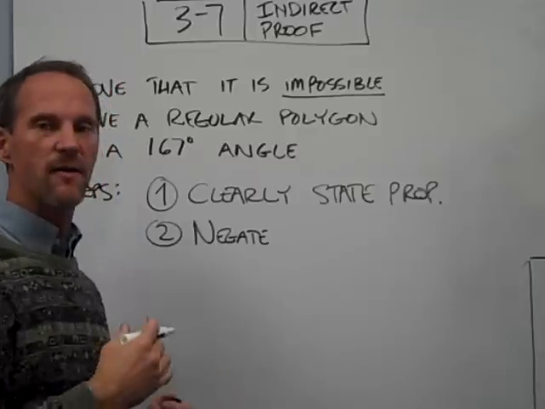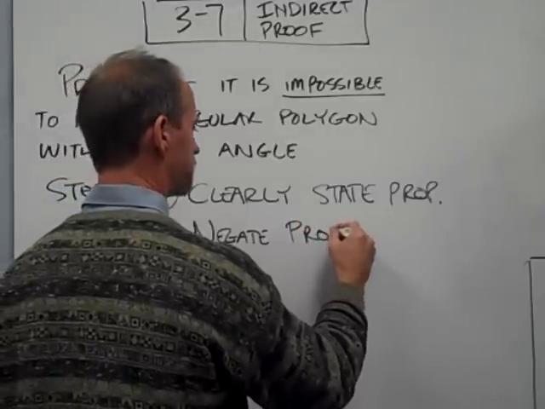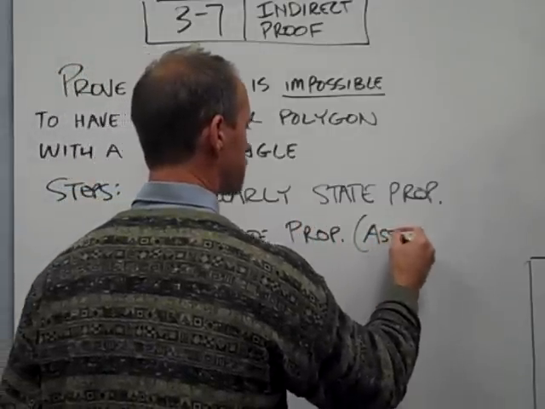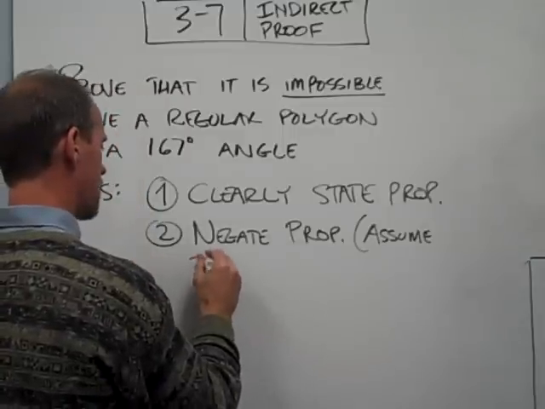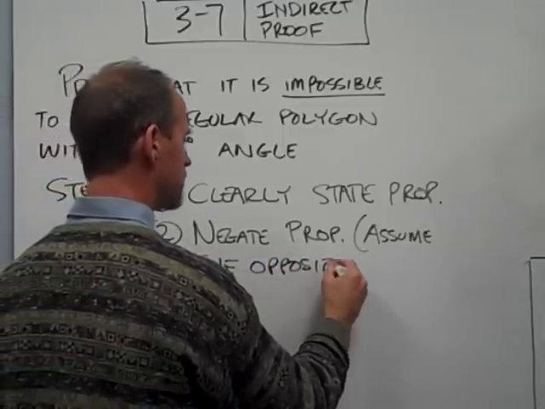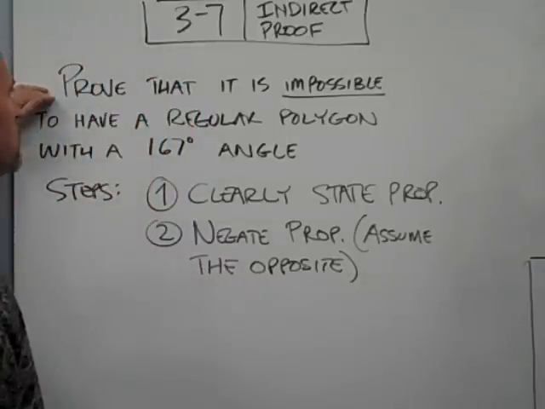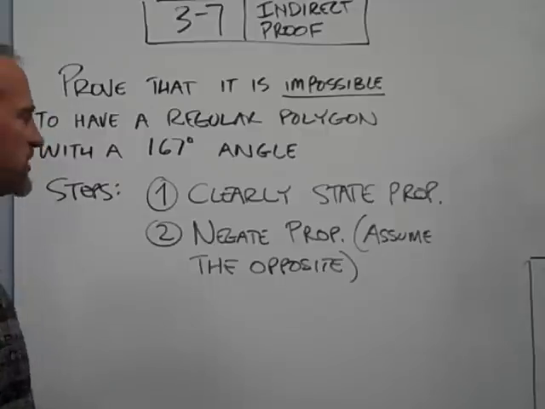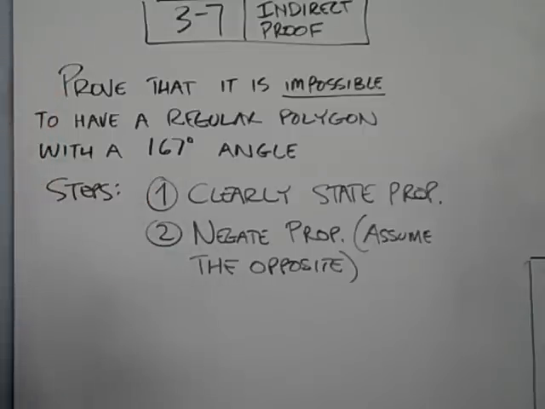That means do the exact opposite. Negate the proposition, or assume temporarily the opposite. So in this case, we're going to assume that it is possible. We're going to say, suppose it is possible to have a regular polygon with an angle of 167 degrees.